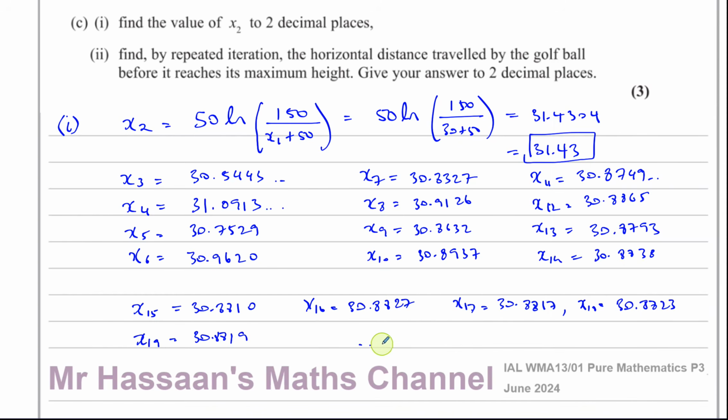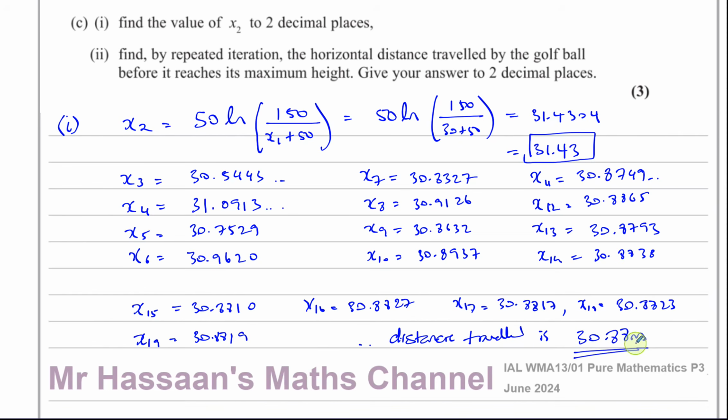So therefore, we can say the distance traveled before it reaches maximum height is going to be 30.88 meters.